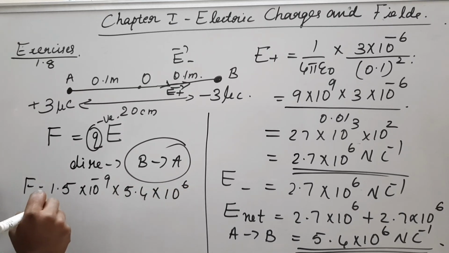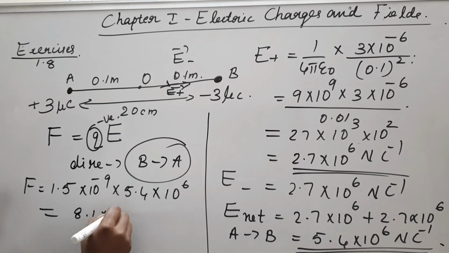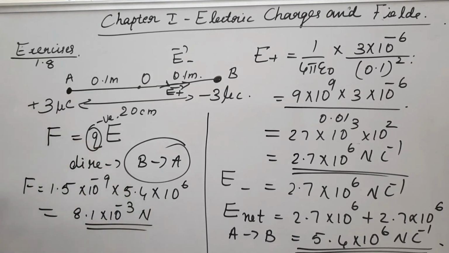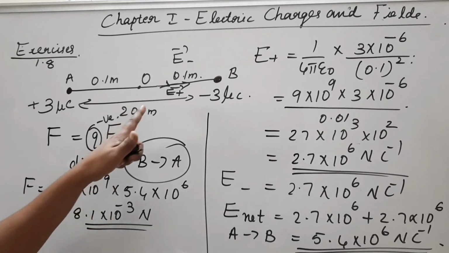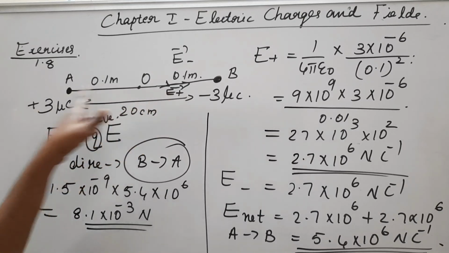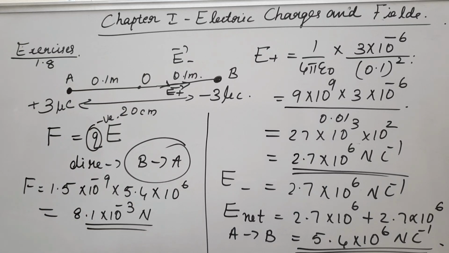So multiplying this, we'll have the answer, that is 8.1 into 10 raised to minus 3 Newton, and in which direction? It is in the direction B to A. So the force is acting along BA. In this direction, the force is acting on the charge kept at that point O. So that is the answer to that question.